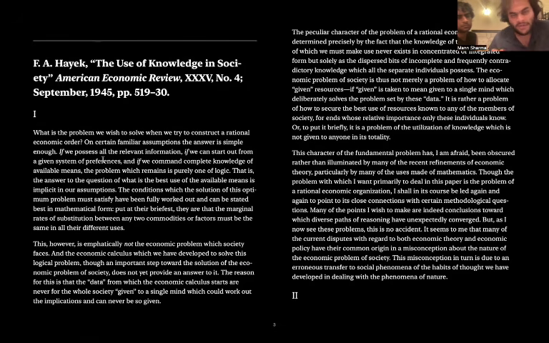Then there are certain familiar assumptions that he's taking and probably going to critique later on as untrue: if we possess all the relevant information, if we start out with a given system of preferences, and if we command complete knowledge of available means, then the problem is purely one of logic. If you know everything about the preferences of all individuals in the market, and all knowledge about what means are available, then it's just mix and match. You just allocate the resources according to that information.